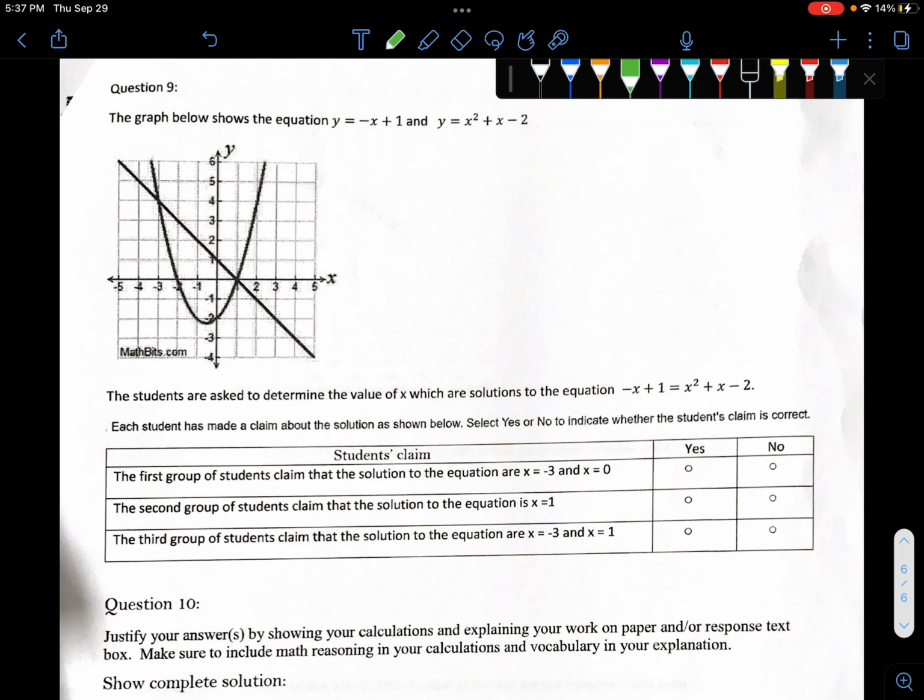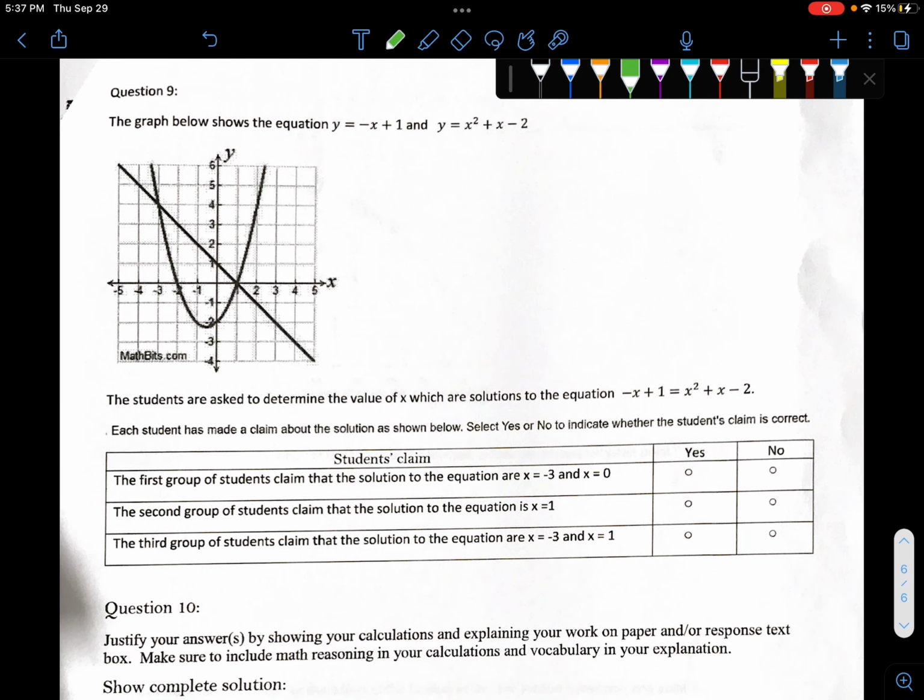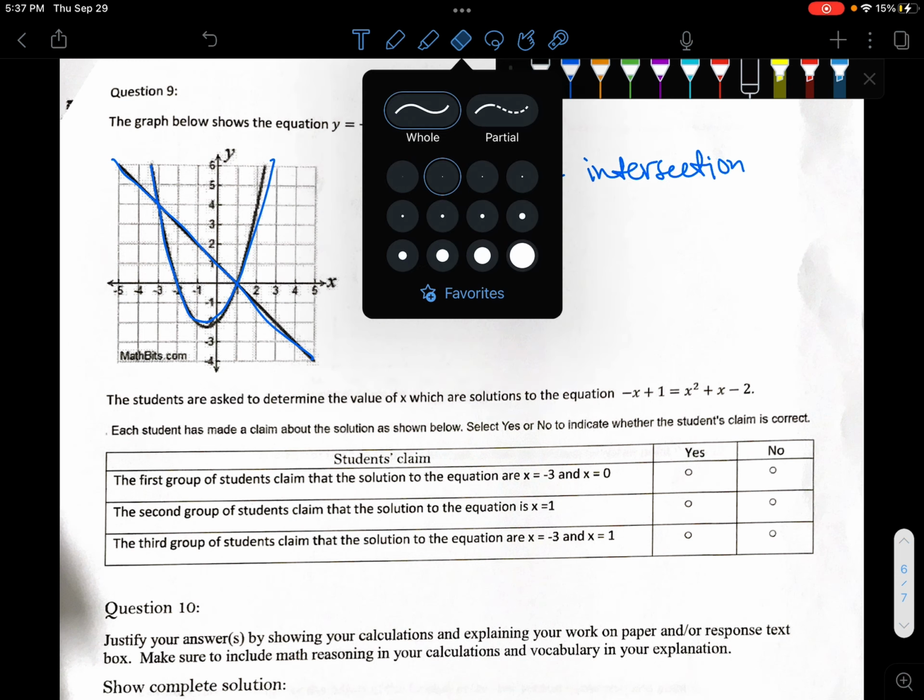And the very last one right here, we are just looking for the points of intersection. The point of intersection is where they cross, right?